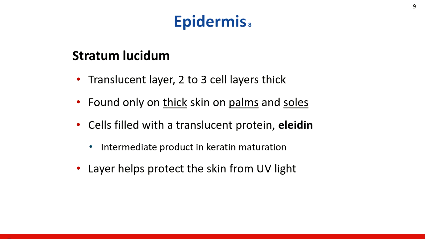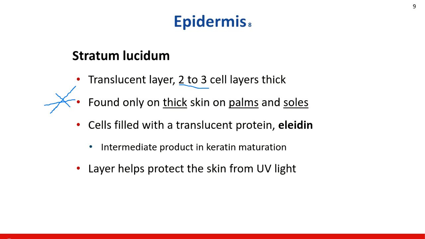This fourth layer here, all right, again, another thin layer, 2 to 3 cell layers thick, all right, but this is only found, and you want to make a note of this, this cell layer is only found in the thick skin area. Okay, so the palms of your hands and the soles of your feet. Palms of your hands, soles of your feet, all right, and it's only found in thick skin. So thin skin has 4 cell layers.